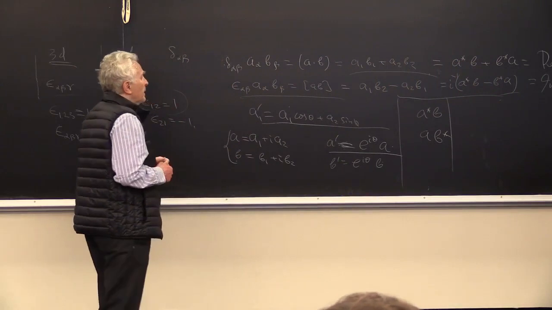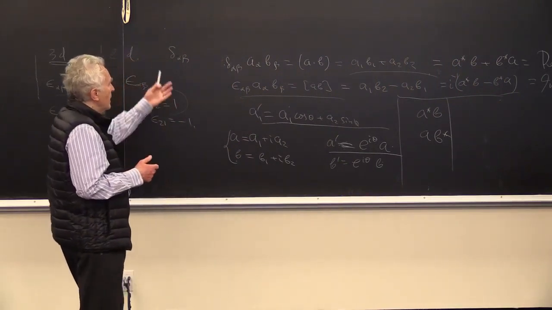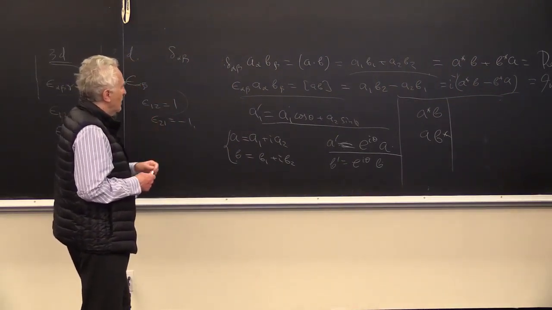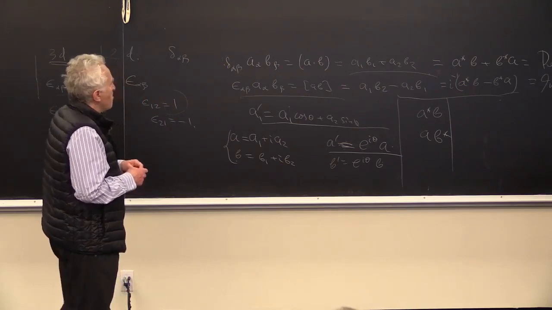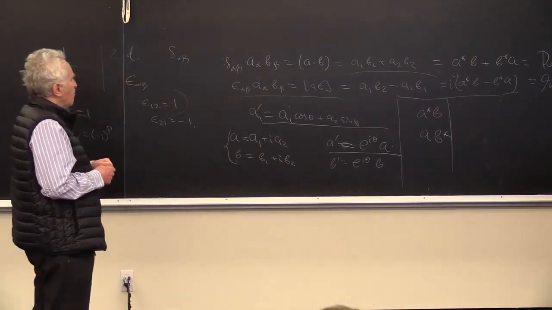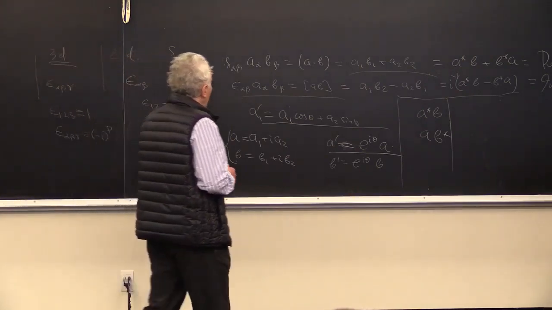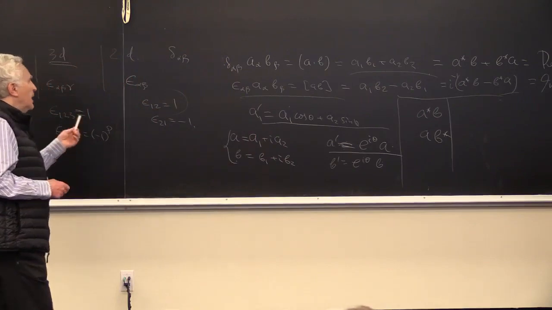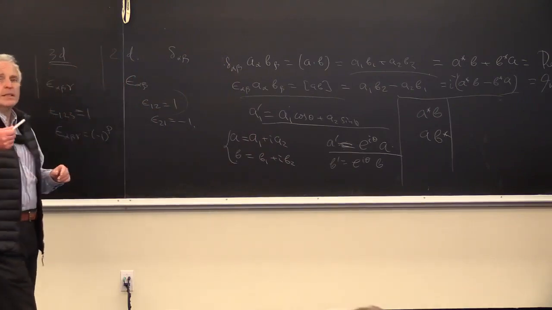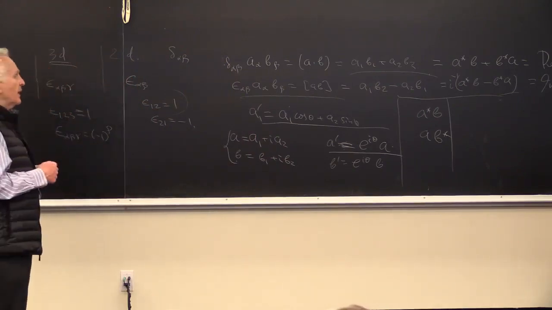What else will we need? We will need all this. That's why it's all elementary stuff, but useful. We also can visualize multiplication by the epsilon tensor as a rotation. Which kind of rotation?